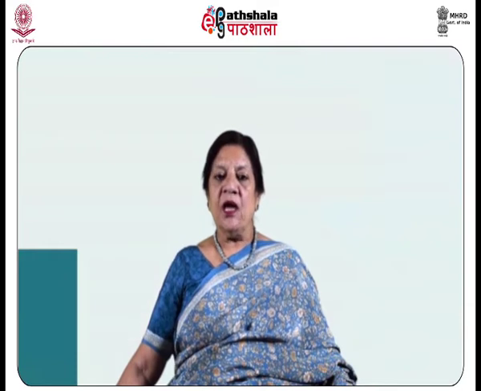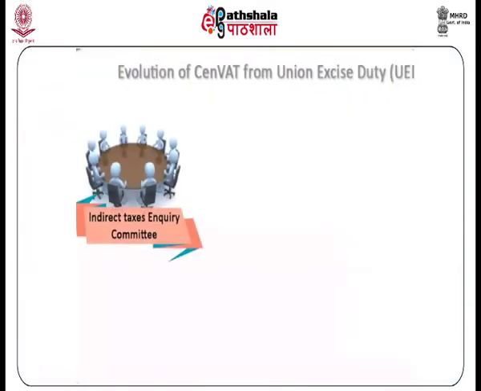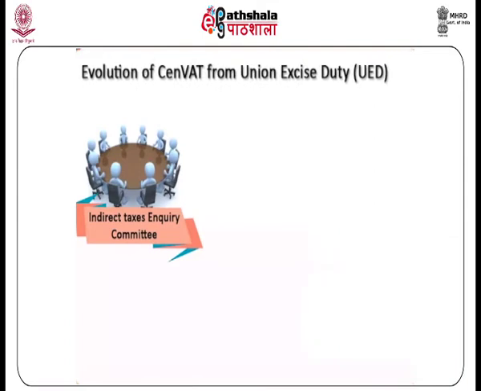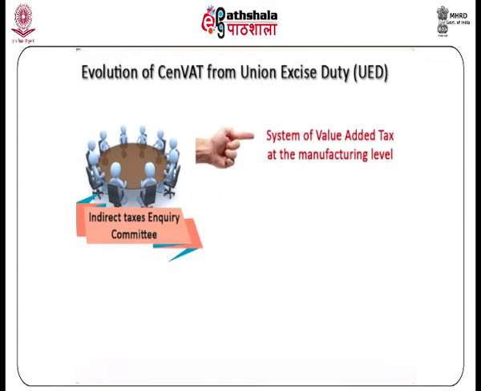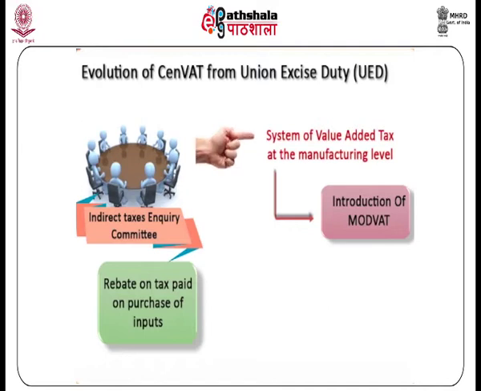Remarkable changes have been introduced since 1986. The Indirect Taxes Inquiry Committee, Jha Committee 1978, suggested moving towards a system of value-added tax at the manufacturing level, MANVAT. Based on the recommendation of the committee, steps were taken to introduce VAT in 1986 in the form of Modified Value-Added Tax, MODVAT. This scheme allowed rebate on tax paid on purchase of inputs.